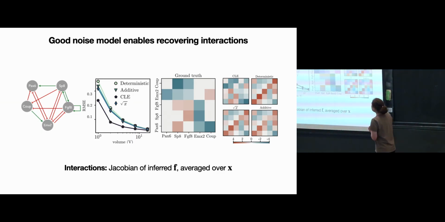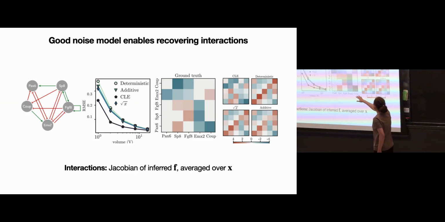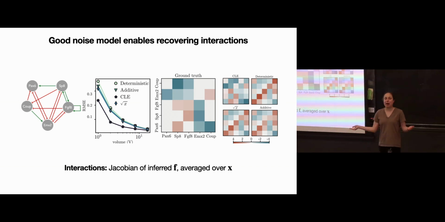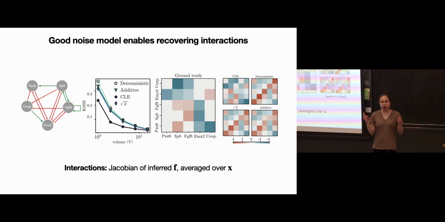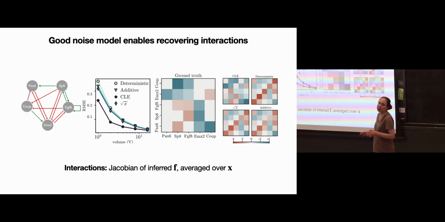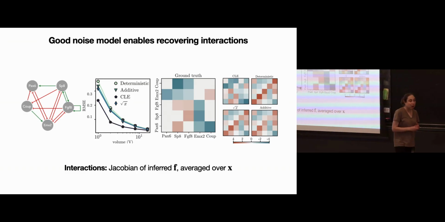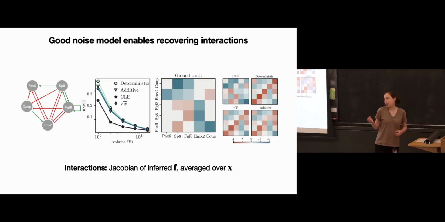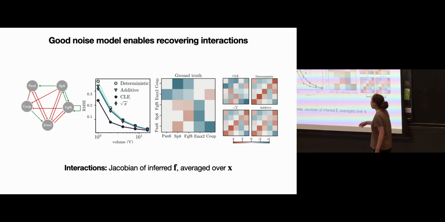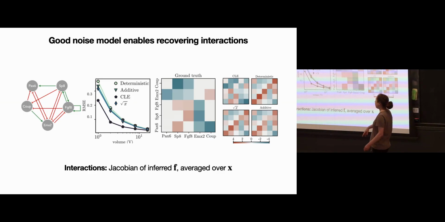Okay, so here they know the ground truth of what these forces or flow fields are supposed to be, and they're measuring a root mean squared error from the inferred F to the actual F, as a function of this cell volume parameter V, which controls how much noise there is in the system.